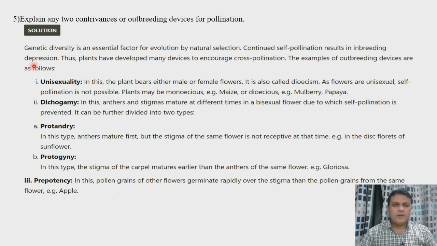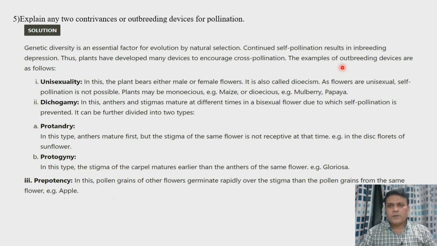That means due to continuous self pollination, improved characters are not developed. So plants have developed many devices to encourage cross pollination. Plants have developed different devices or mechanisms in the flowers to carry out cross pollination, and these mechanisms are called contrivances or outbreeding devices.